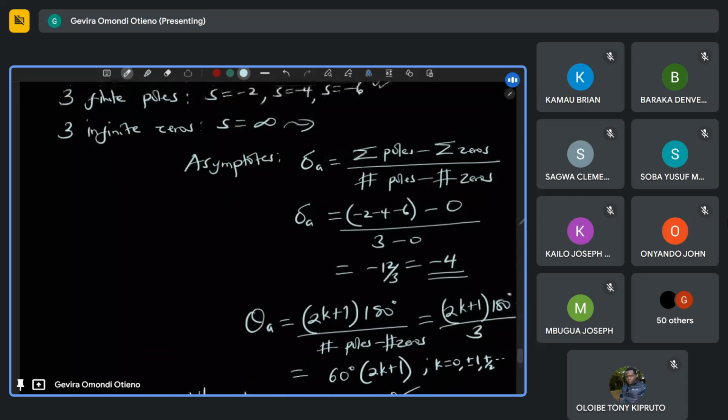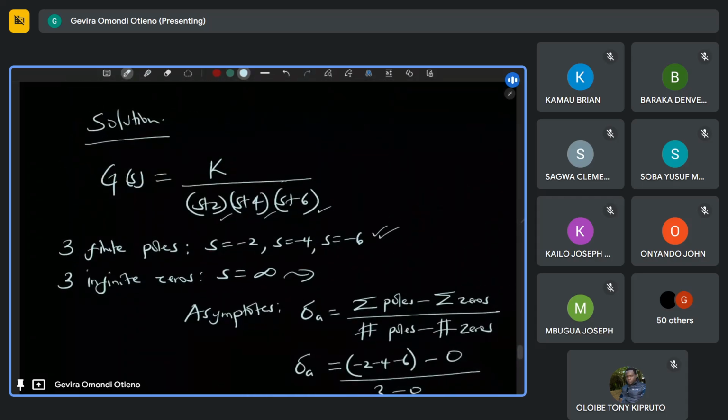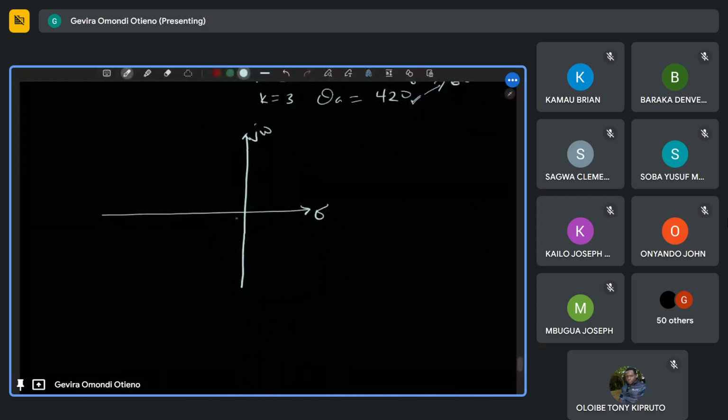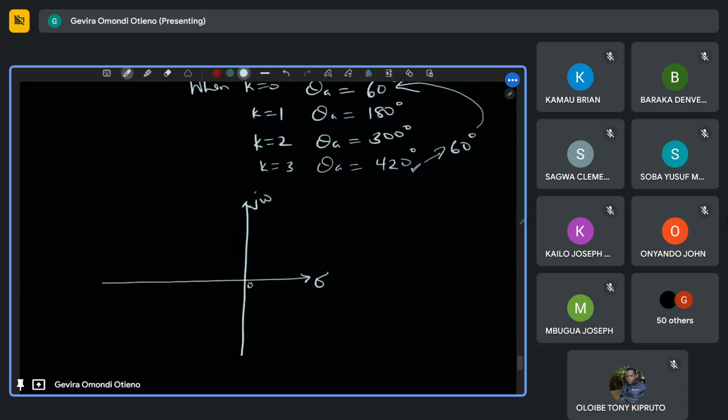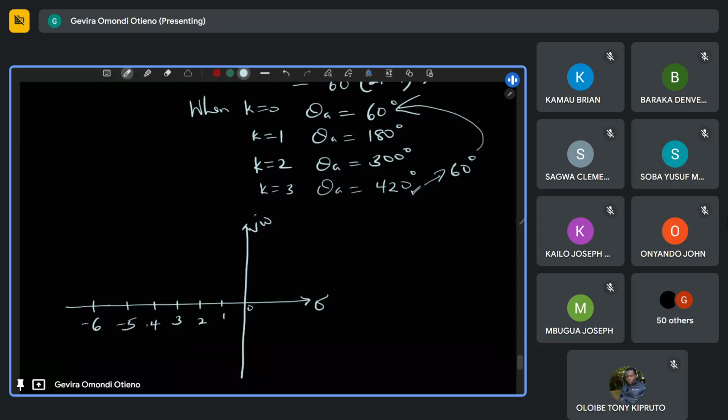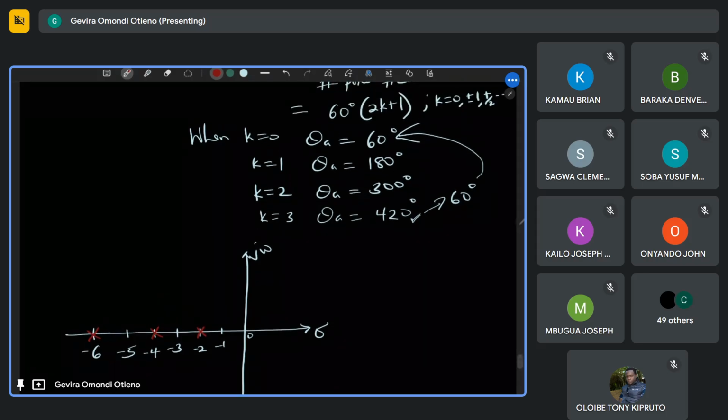We have 1, 2, 3, 4, 5, and 6, of course negative. We have poles at -2, -4, and -6, and the zeros are all at infinity.